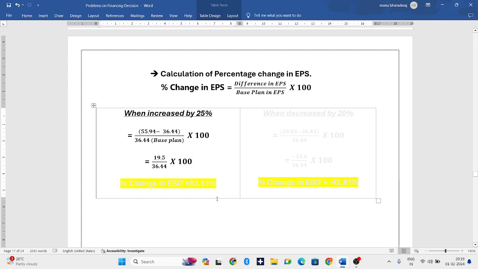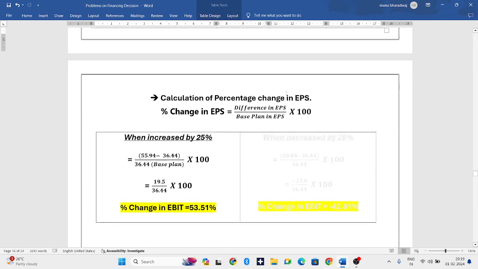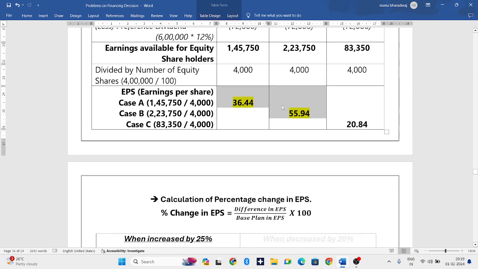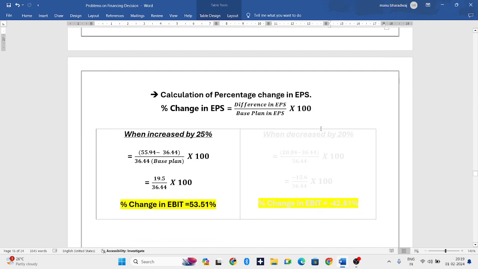That has to be divided by the base plan, 36.44, and multiplied by 100. You will get 53.51 percent. So the EPS has changed from 36.44 to 55.94, a percentage change of 53.51 percent.